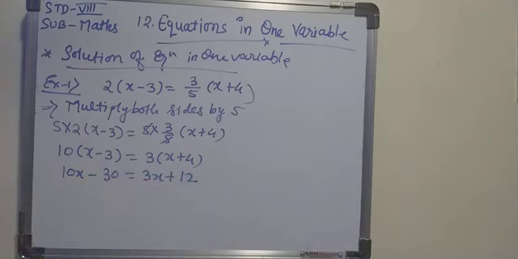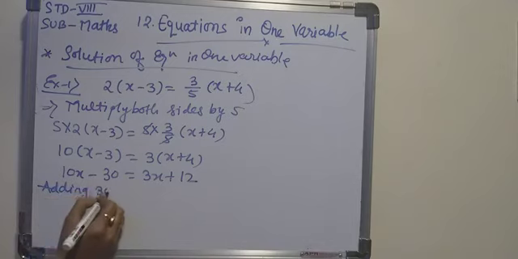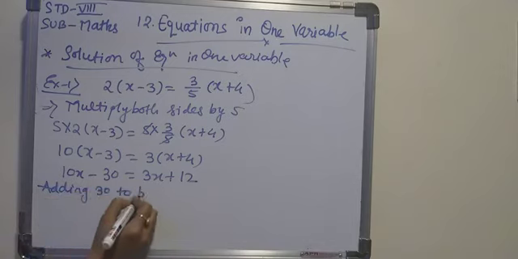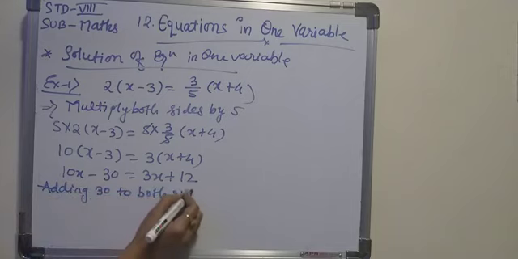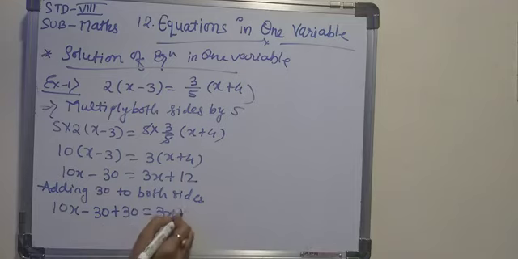Now I am going to remove this integer. So what I am going to do? I am going to add 30 to both sides. After adding 30, plus minus minus cancels, and you get 10x is equal to 3x plus 12 plus 30, which is 42.